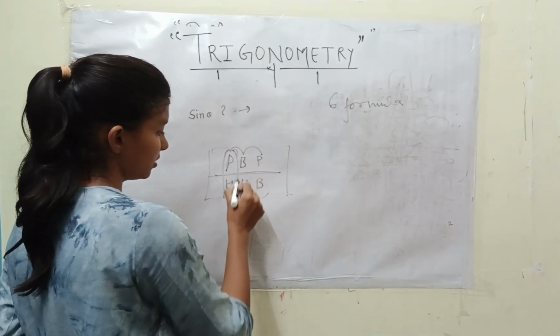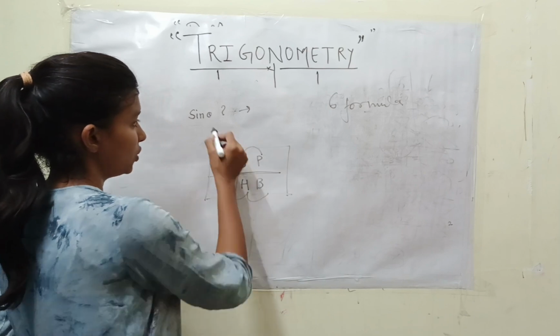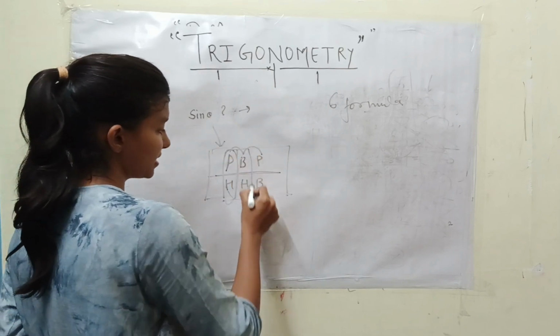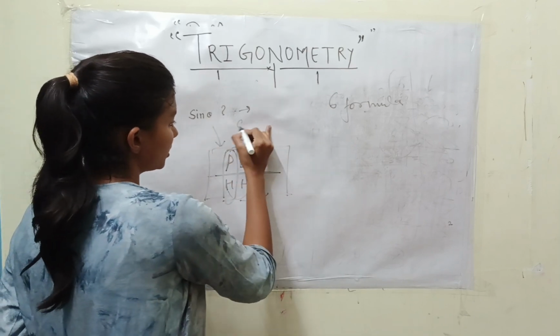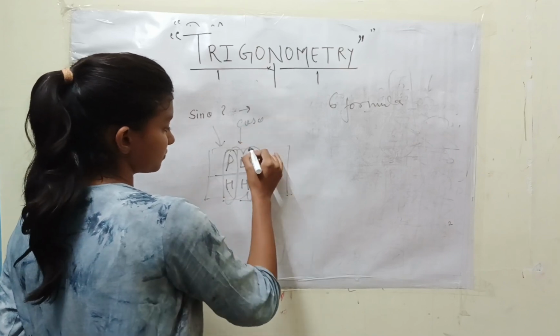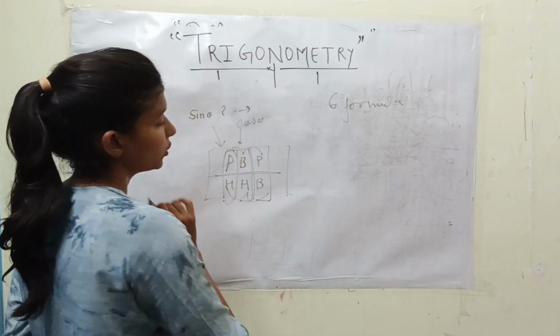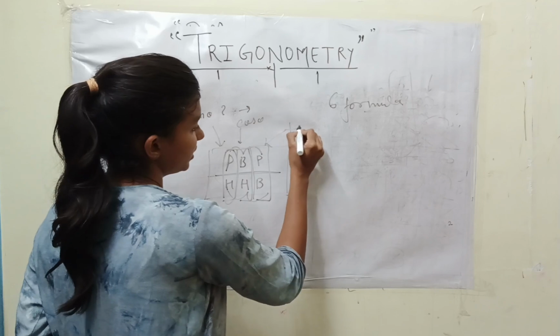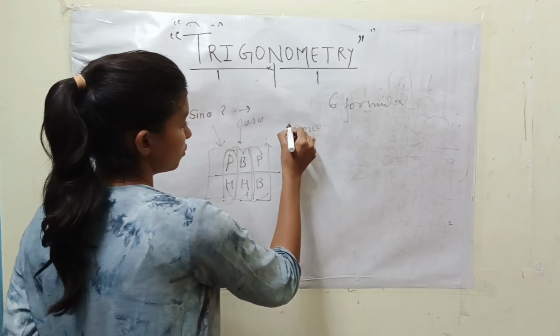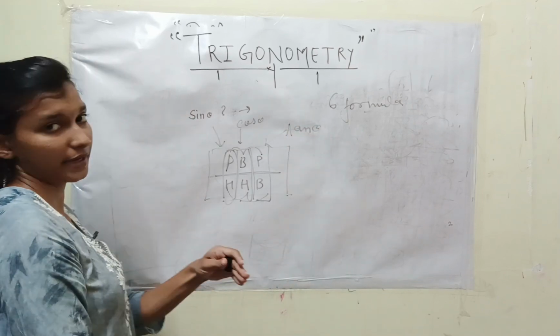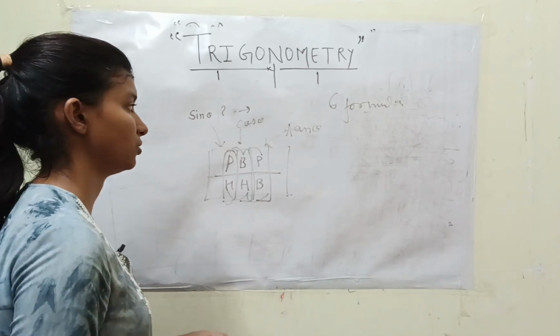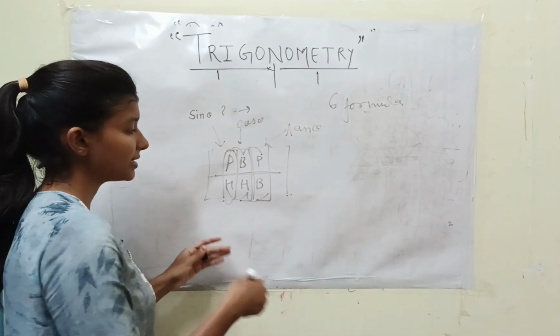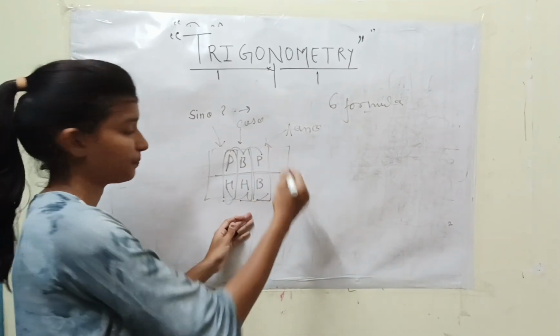By the first one, perpendicular upon hypotenuse, you get sin theta. Then base upon hypotenuse, you get cos theta. Perpendicular upon base, you get tan theta. So this is an easy way to remember these ratios, how they are defined. Then just take their reciprocals.